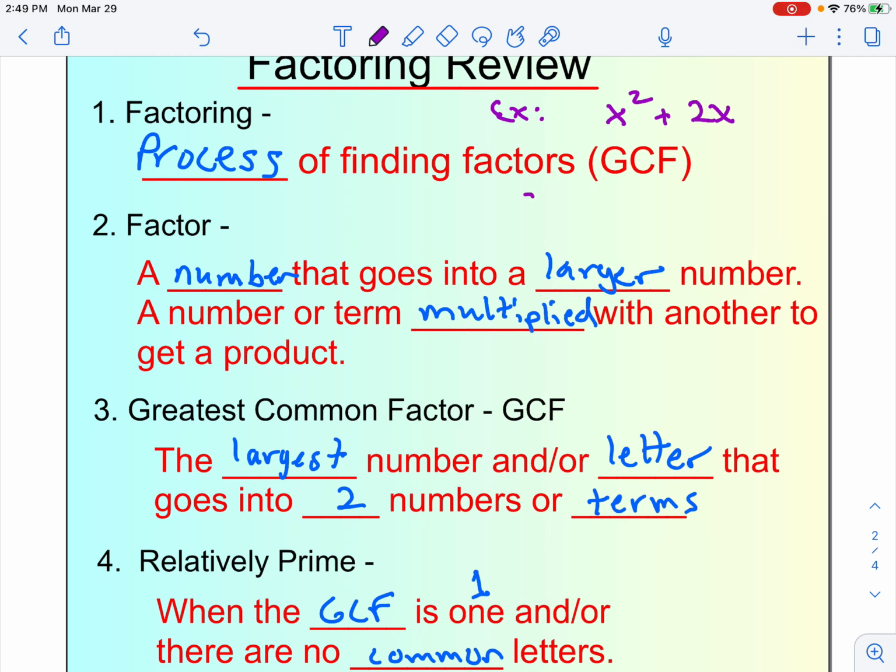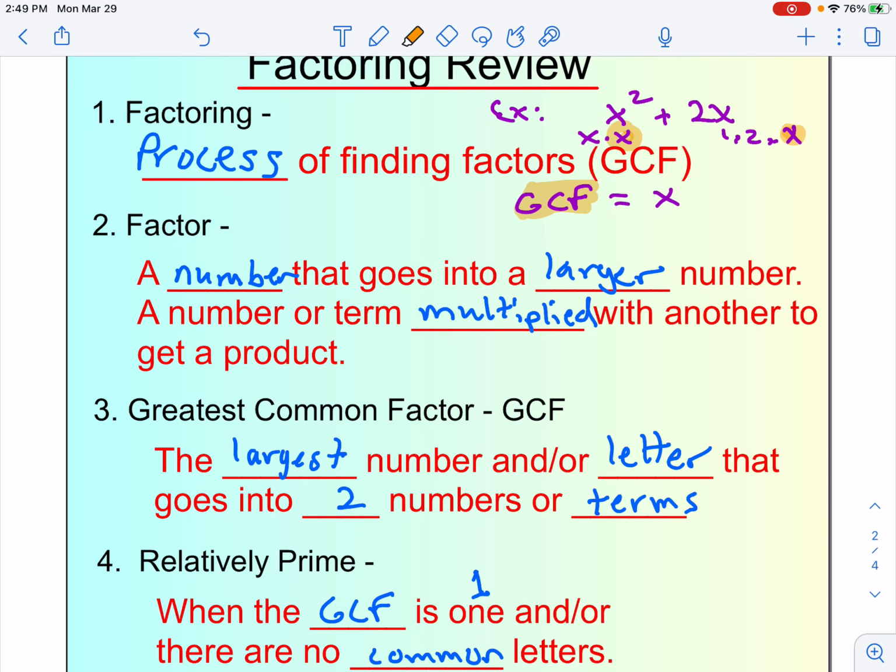So the greatest common factor of this example is x, because we would break the x squared into x times x, and we would break the 2x into 1 times 2 times x, and there is a single x in common, and that's why the GCF is x. So that's a factor. X is a factor of both x squared and 2x.